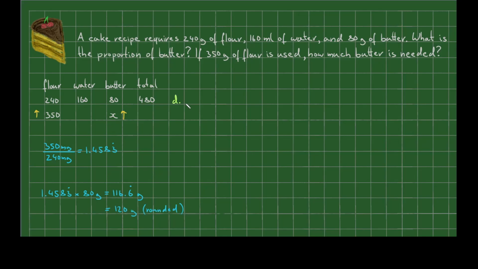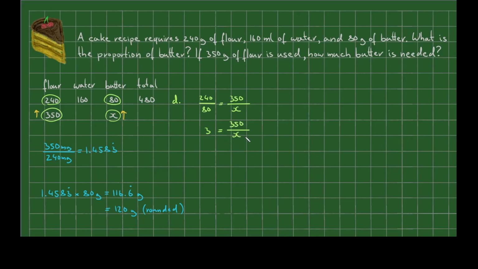Let me solve this a little bit differently. I'm going to use this d, which stands for directly, but it is also telling me to divide the numbers of my ratio. And so I will have 240 divided by 80, and that will equal 350 divided by x. 240 divided by 80 is 3, and so I will have 3 equals 350 over x.